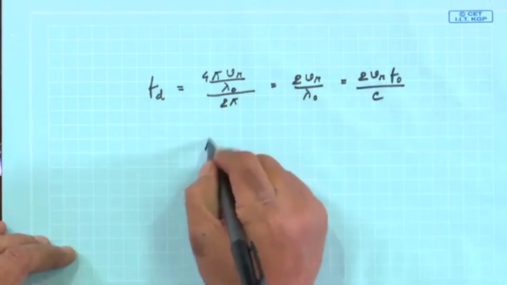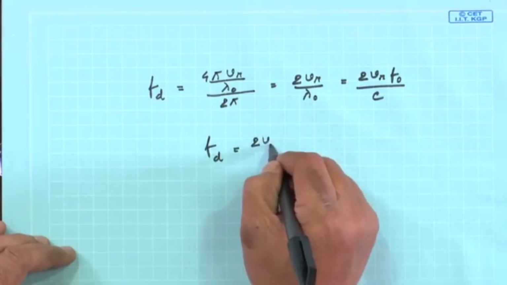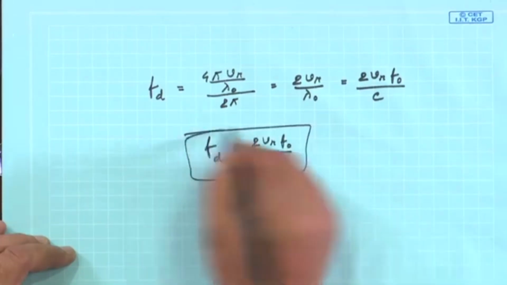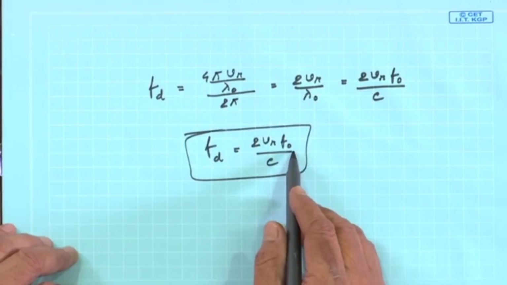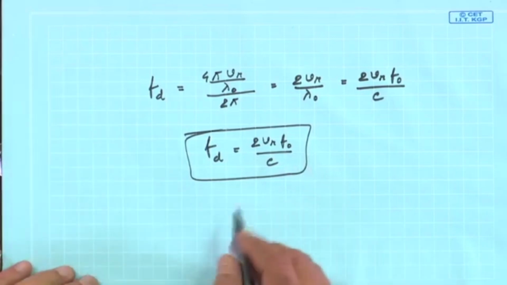So this is an important relation: f d is equal to 2 V r f naught by c. This is the expression for Doppler frequency change, where f naught is the frequency of the transmitted wave.